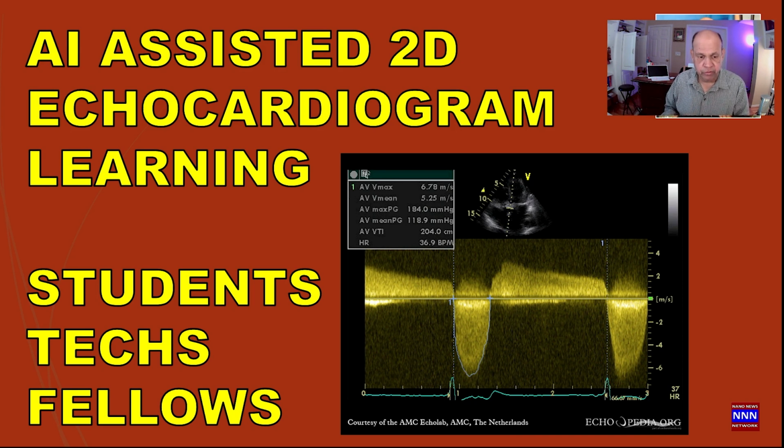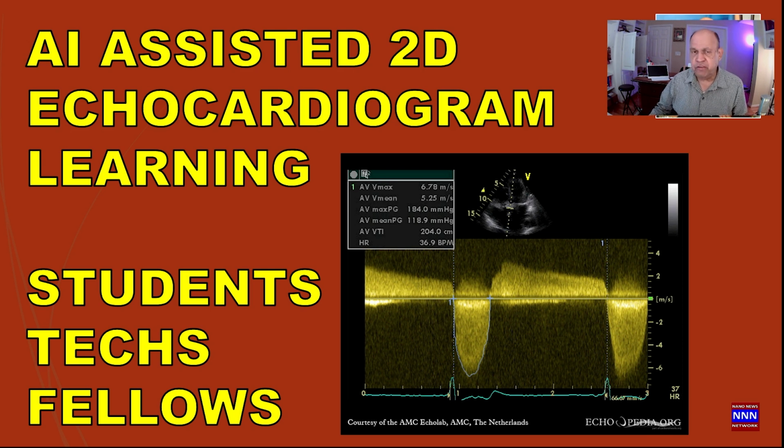So it may be useful for students, techs, fellows. Of course, you have to take this with a grain of salt because AI has had its recognition for doing things which are exceedingly good, and sometimes AI can be totally misleading.